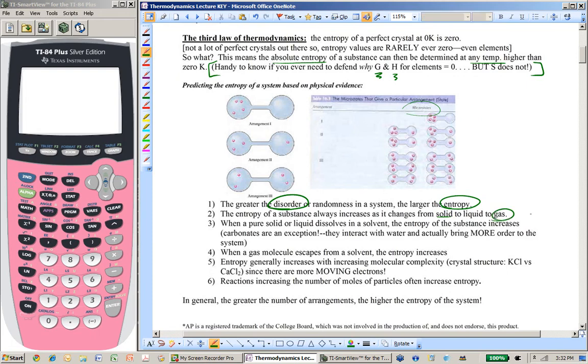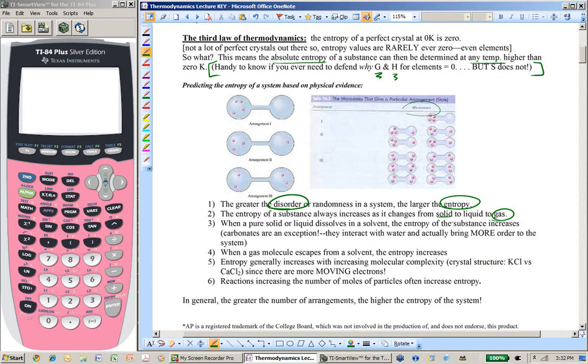And then, well, chaos abounds in the gas phase. They're going bing, bing, bing all over the place with theoretically no attraction to each other. Liquids are at least still attracted to each other, or they wouldn't be liquid. As soon as they lose those attractive forces, they vaporize and become a gas. So, big jumps in entropy when you go from solid to liquid to gas.